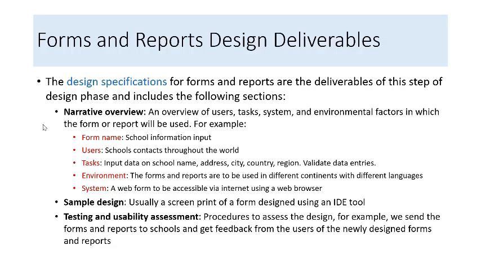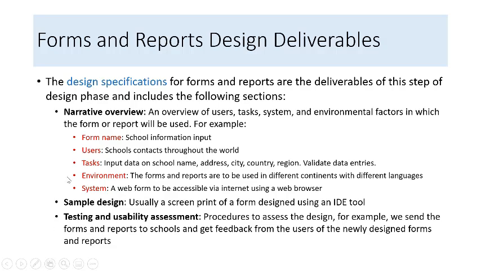The job of this form is to input data on school name, address, city, country, region, and of course, validating data entries. Validating data entry is very important because you don't want to save data that is not valid in the database. So prior to sending data into the database, you need to validate that your data is correct.